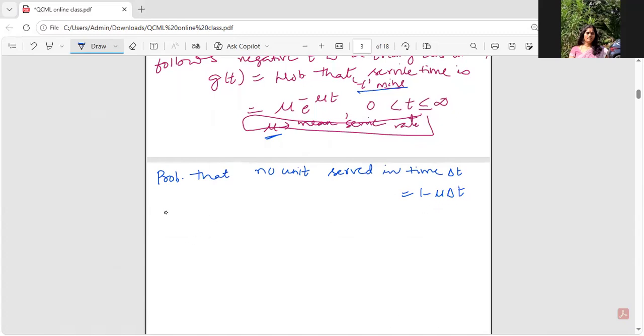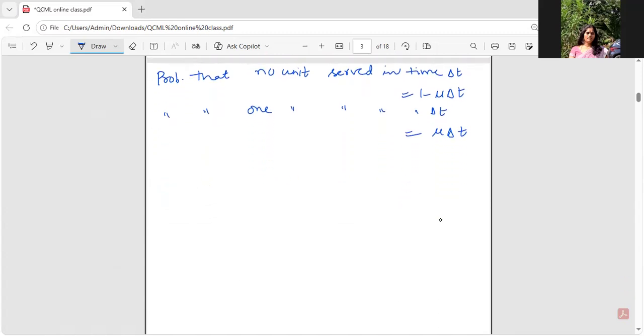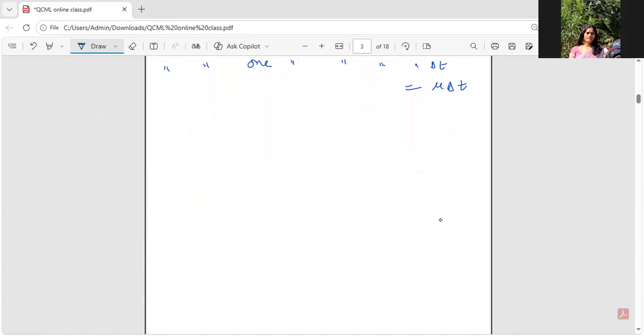The probability that one unit is served in time delta t is given by mu delta t. This is how service time is calculated. In the video in which I did the Poisson birth and death process, you can see all these things taken care of. This is just the basic parameters for the queuing system, so I'm talking only about the basics and not going into the Poisson birth and death process.